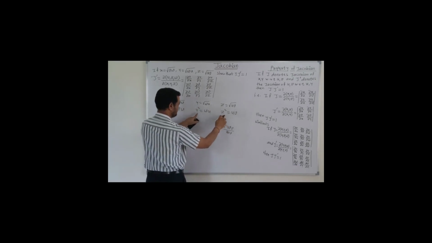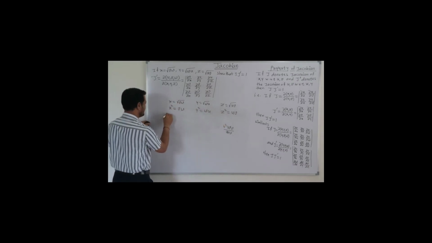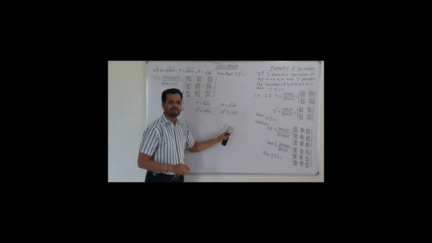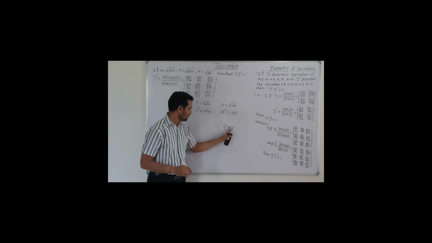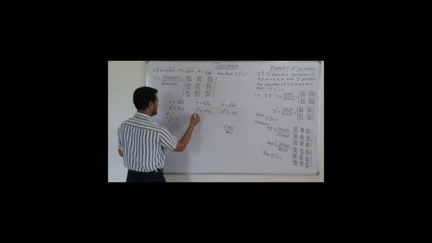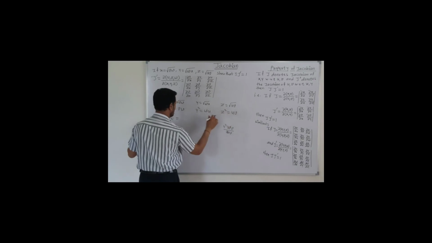That means take the product of these 2 terms and divide by x square. So we can write this as y square z square divided by x square. So v and w will get cancelled and we get the value of u. If we take the product of these 2 terms, then we get w into v, u into u is u square.